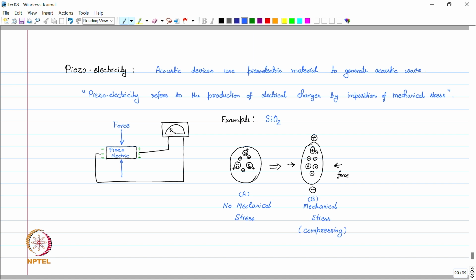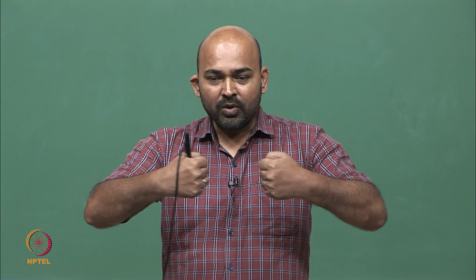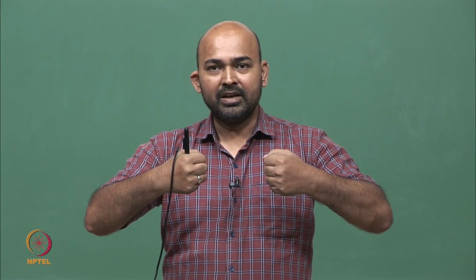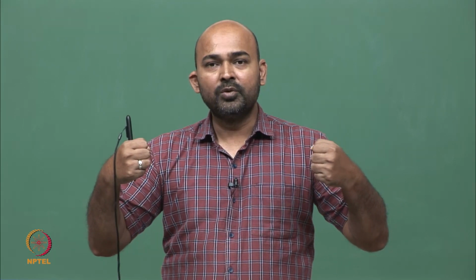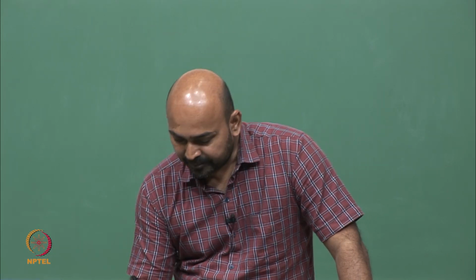Now let us see the reverse case, when instead of compressing the material, we are trying to expand it. We are applying an expanding force from both sides. So what happens to the charge?